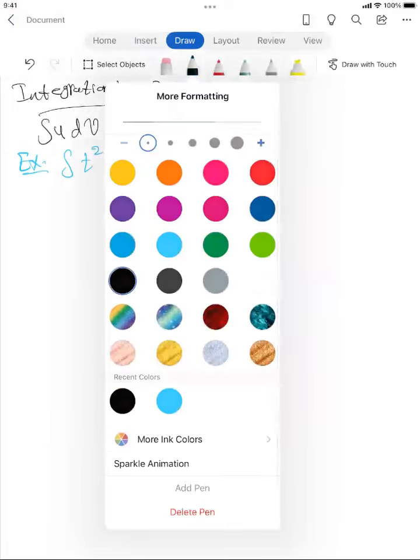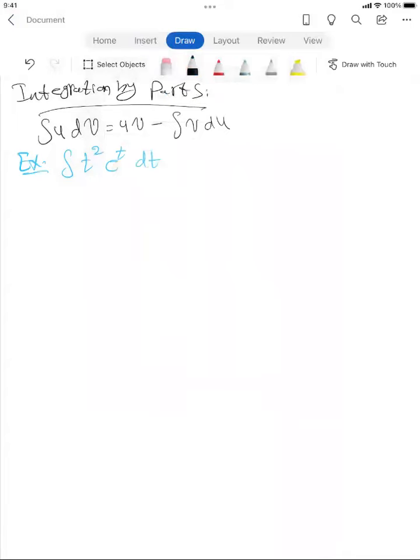So again, I will simply take my u to be t squared, so that I'll take a derivative of it and I'll make the order 1 rather than 2 after taking the derivative. Then du equals 2t dt, and dv equals e to the t dt, then v equals e to the t.